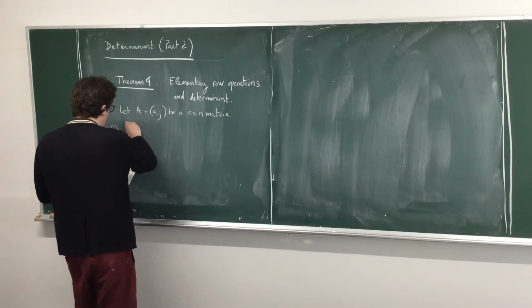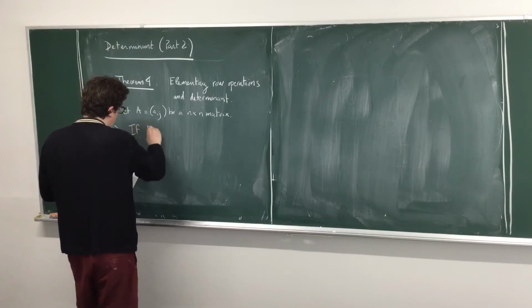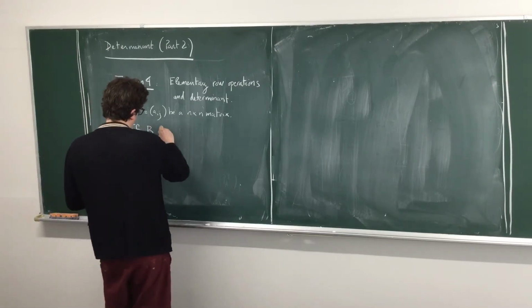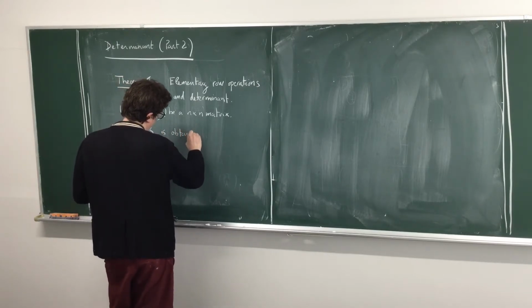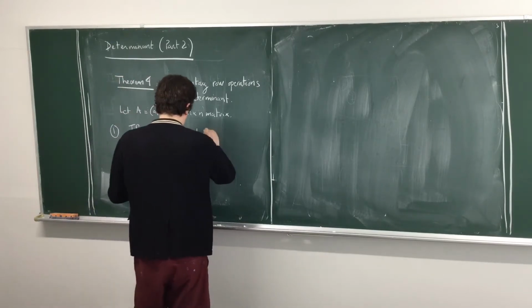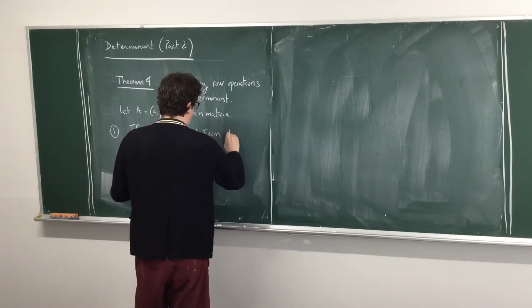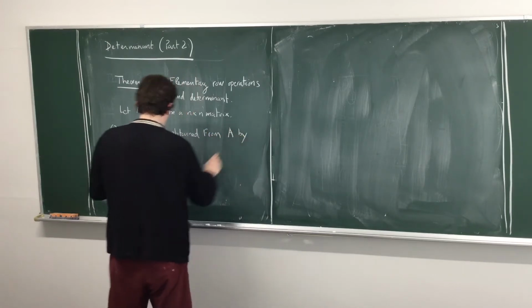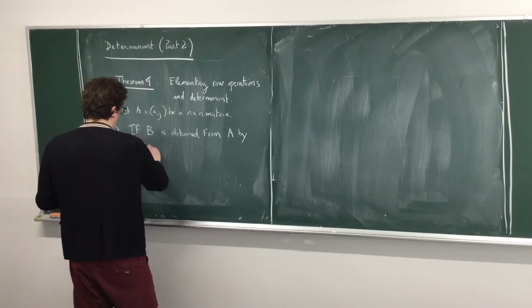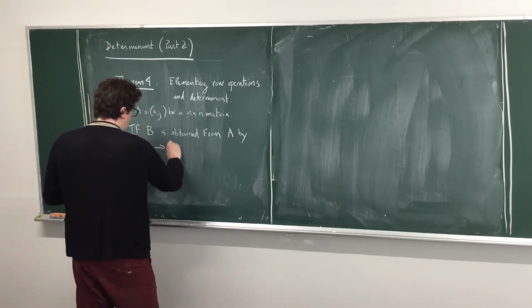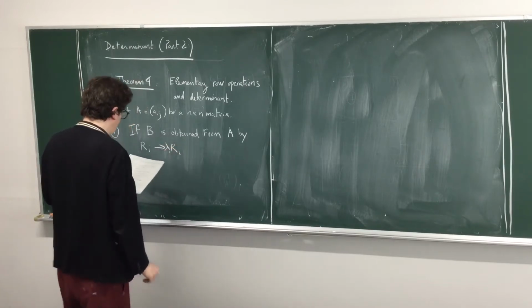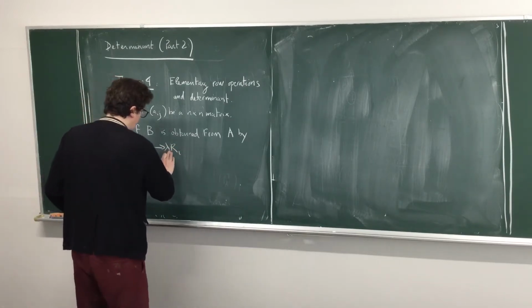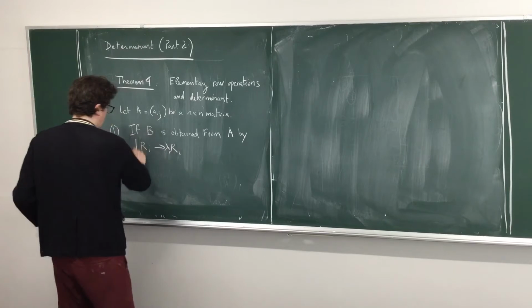And then we call B, B is obtained from A by the elementary row operation: row I becomes lambda times row I. Okay?